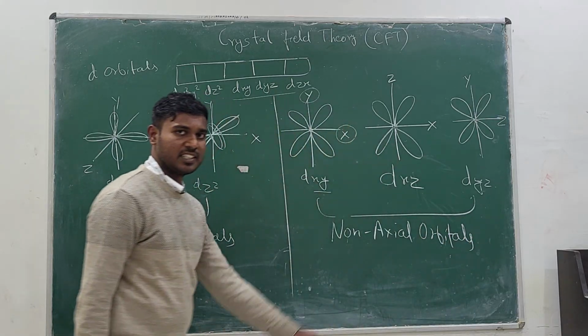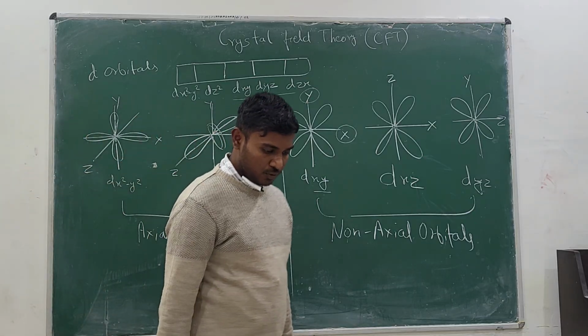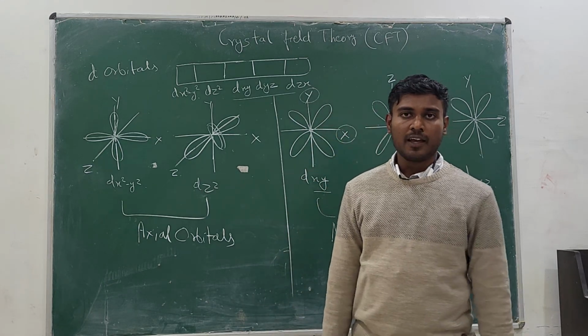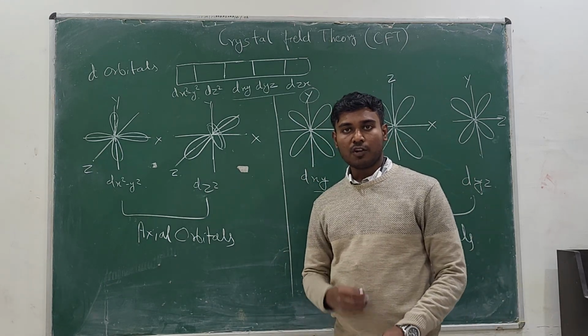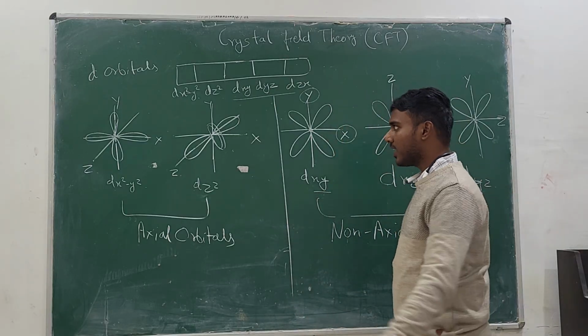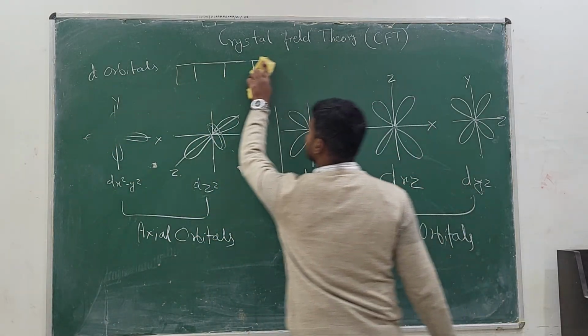Now we will move forward to see how our ligand approaches the metal ion and how our octahedral complex formation takes place. After that I will explain the tetrahedral complex formation. So let's move forward.